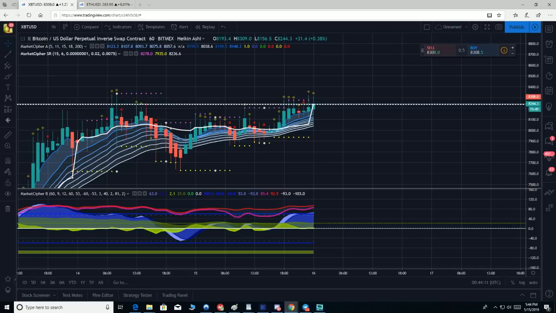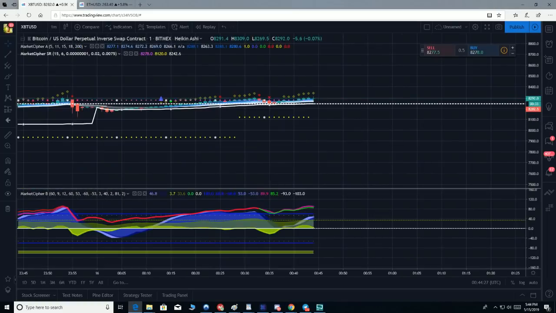Fuck, I was like, it's gonna break 260. It did. I should have added more. Fucking A. This thing is about to pop. It had to. Yeah, it's regurgitating for a second.